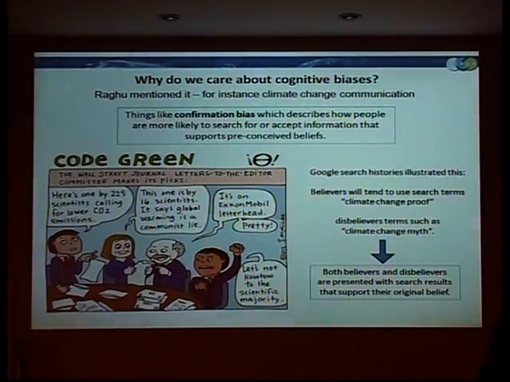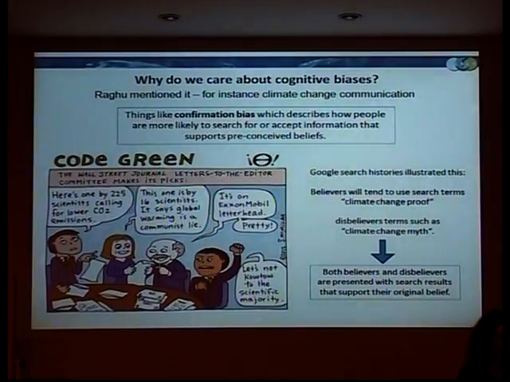So why do we care? Why do we care about these cognitive biases? Well, I just told you one that we care about because of the way it affects survey work, but Raghu mentioned in his talk that we care because, for instance, we want to know how it affects climate change and communication. There's this thing called confirmation bias, which basically describes how people are more likely to search for the information that supports their preconceived ideas.